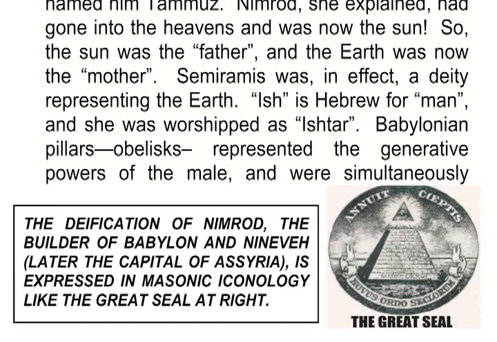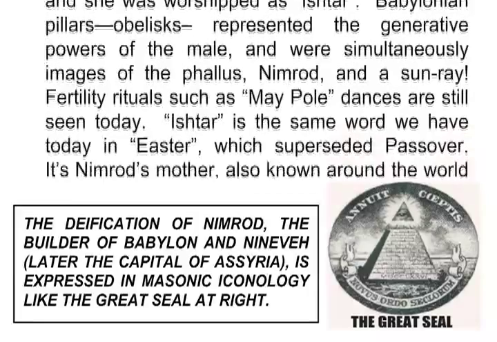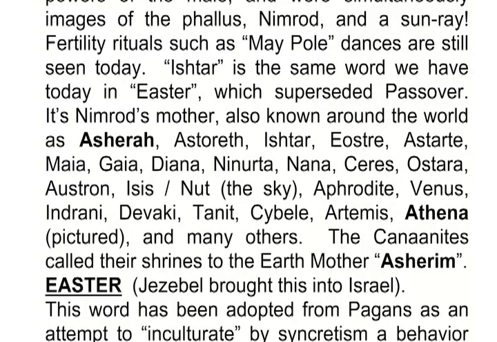Babylonian pillars, obelisks, represented the generative powers of the man, and were simultaneously images of the phallus, Nimrod, and a sun ray. Fertility rituals such as May pole dances are still seen today.